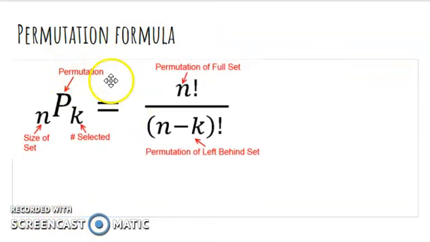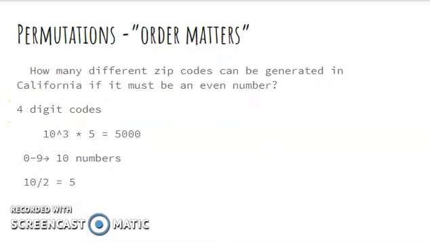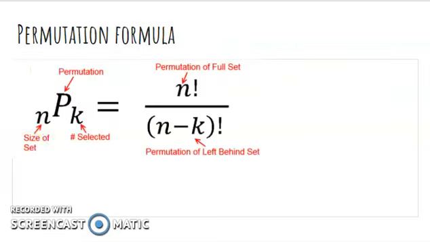So here's a picture of the permutation formula. This is the formula that you're probably going to be using when you're solving problems relating to permutations, and most commonly it's in this form. So nPk, where n is the size of the set. In the case of our zip codes here, we don't really have a size, but there are different problems that may have a size.